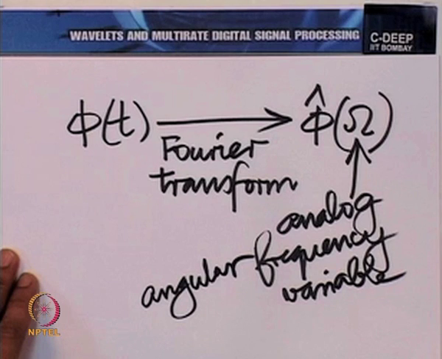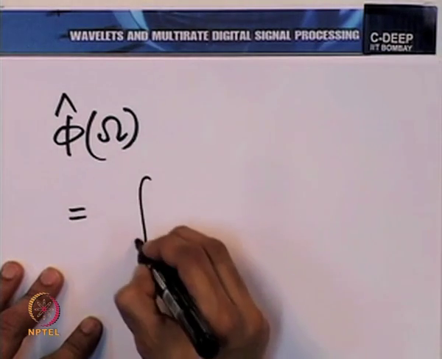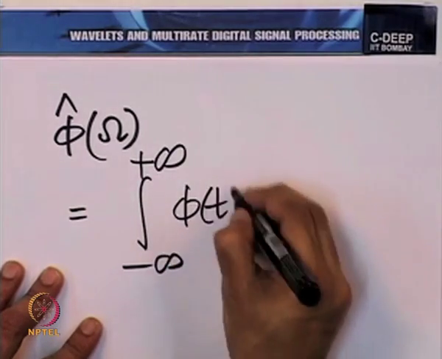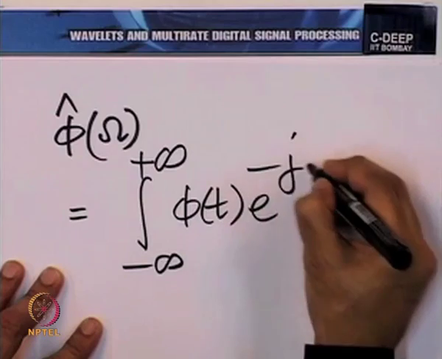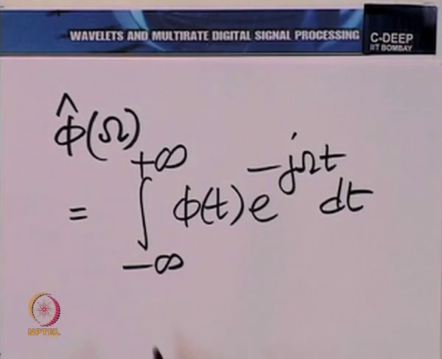And we know the relation between phi(t) and phi cap(omega). So, we have phi cap(omega) is integral from minus to plus infinity phi(t) e raised to the power minus j omega t dt. And we operate this on both sides.